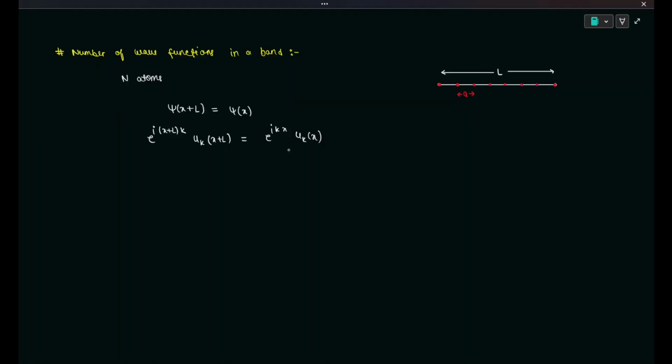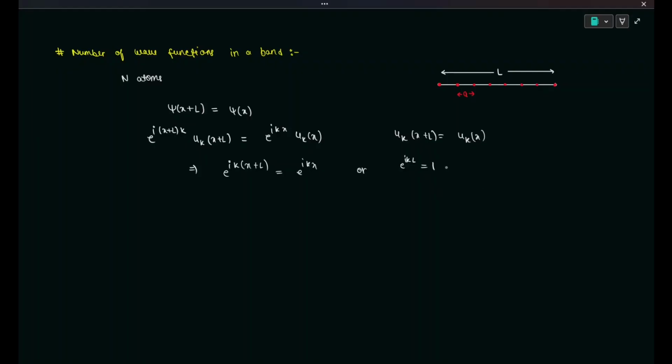Also we know that this modulation function should be periodic, so u_k at x plus L must be equal to u_k at x. This means that e raised to the power ik(x plus L) should be equal to e raised to the power ikx, or e raised to the power ikL must be equal to 1.